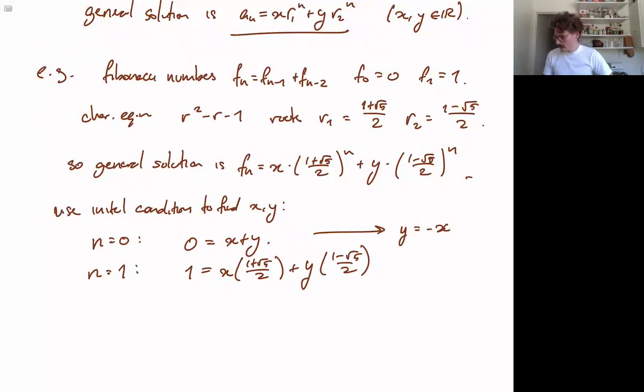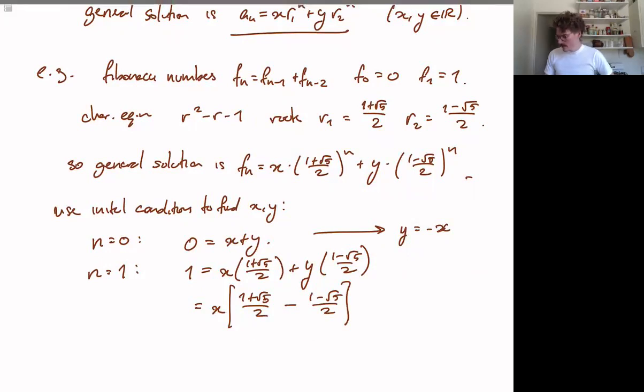So I'm actually going to factor the x out, and it becomes x times 1 plus root 5 over 2 minus 1 minus root 5 over 2. And these things, so essentially the 1s will cancel, and the root 5s, this becomes a plus. So we just get root 5 over 2 plus root 5 over 2. That is root 5.